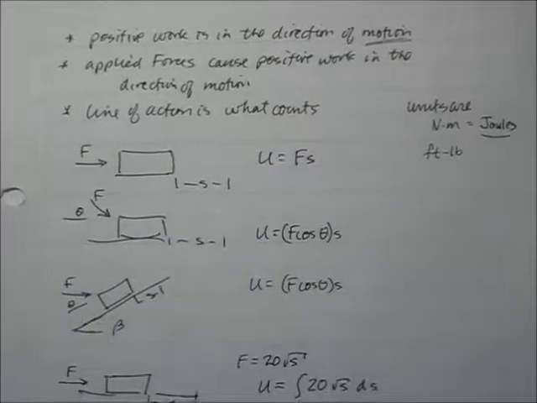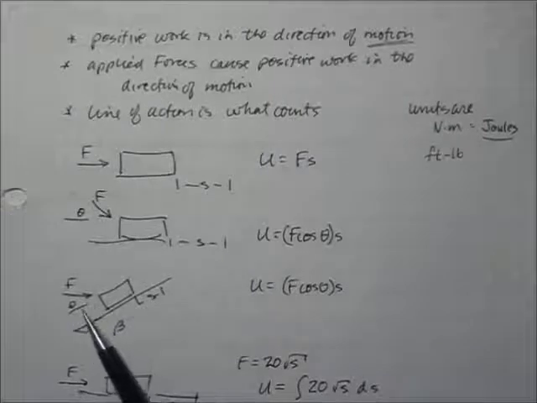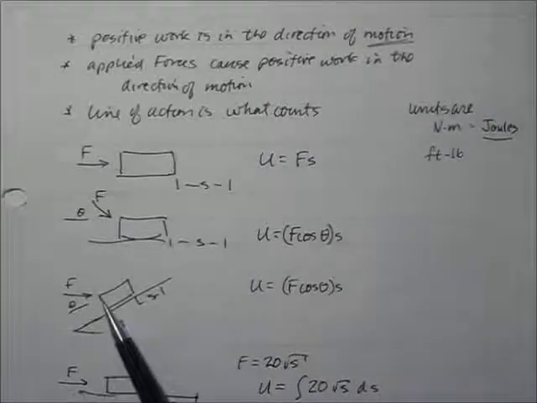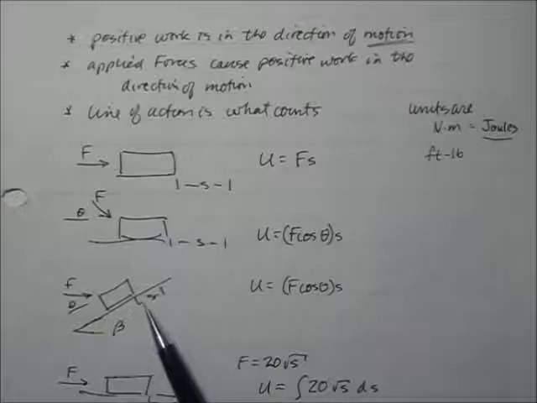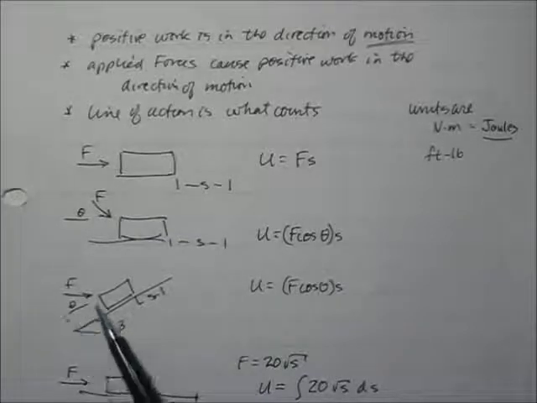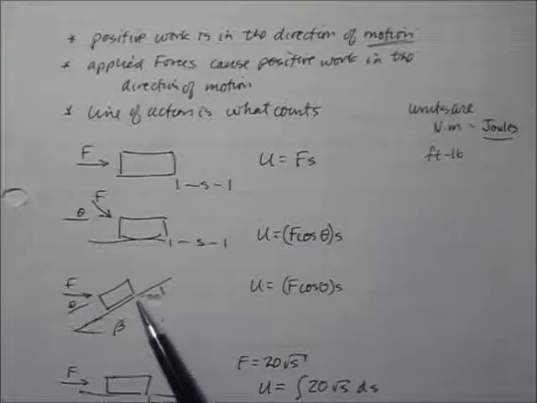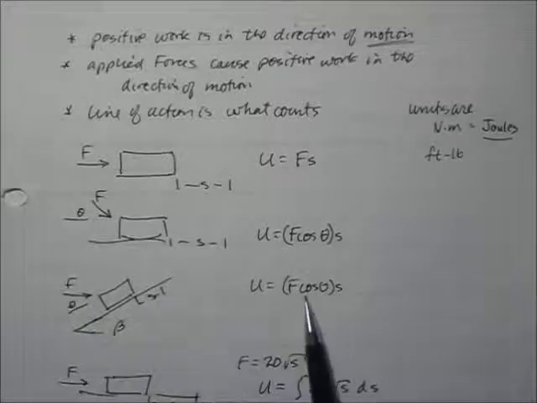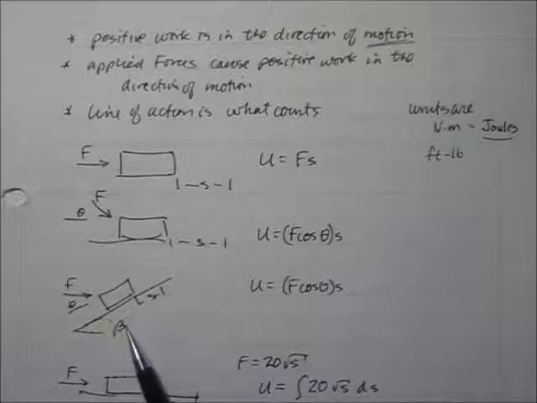If I'm going up a hill, again, only the cosine component would be causing work, and at this point in time we don't care about the fact that it's changing elevation. The cosine component in this direction times this distance is going to be the work caused by the pushing force. It doesn't matter what that angle is.